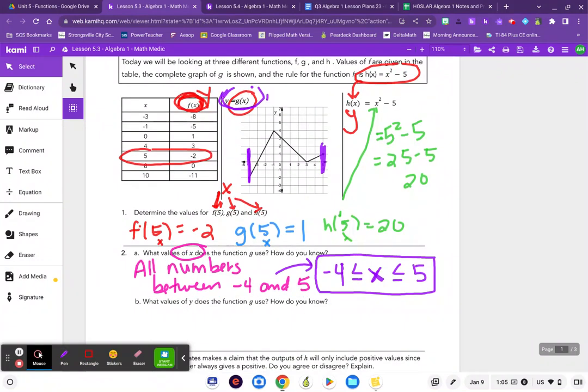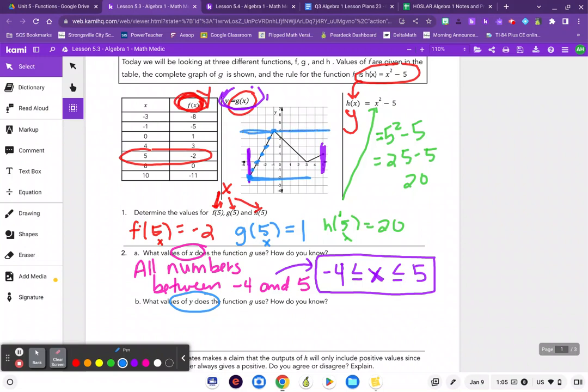Let's take a look at B. B says, what values of y does the function g use? So again, when I'm talking about y, I'm talking about things against the y-axis, right? So this first y value that gets used is -2. And in fact, -1 gets used, and 0 gets used, and 1 gets used, a y value of 2, a y value of 3. 4 is the last y value that gets used.